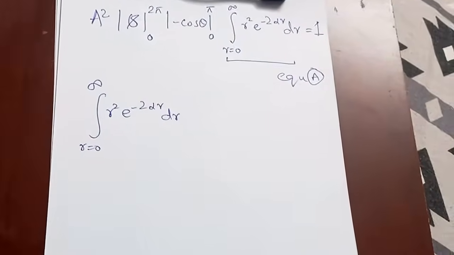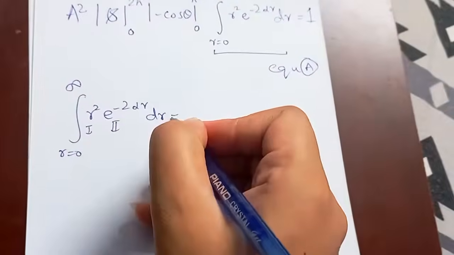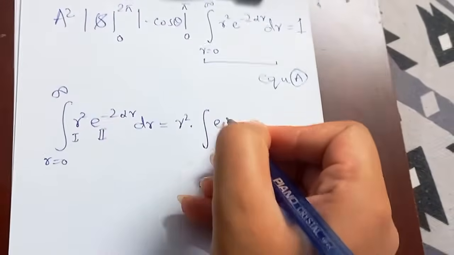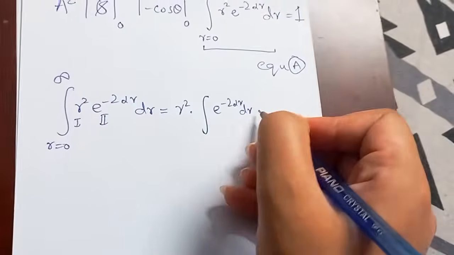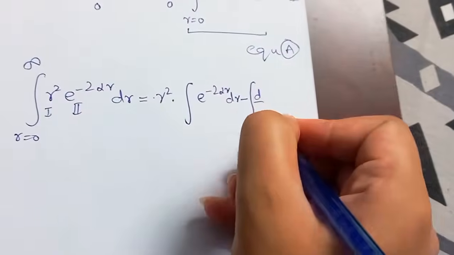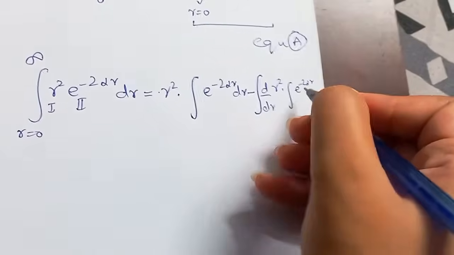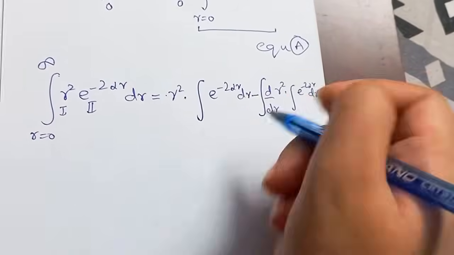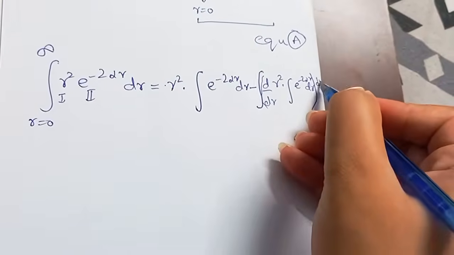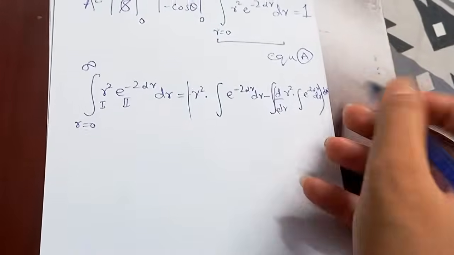Okay, we'll use integration by parts, in which I'll take this term as the first term and this as the second term. That is equal to the first term as it is, integration of the second term, negative sign by formula, integration of the derivative of the first term and integration of the second term, and integration of this whole term after solving it. Okay, and limit of integration from 0 to infinity.